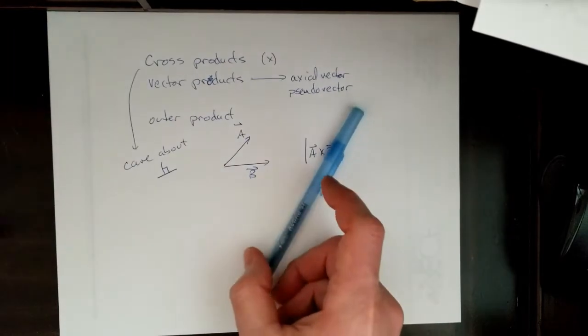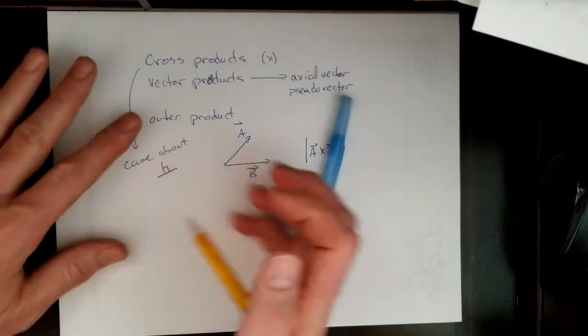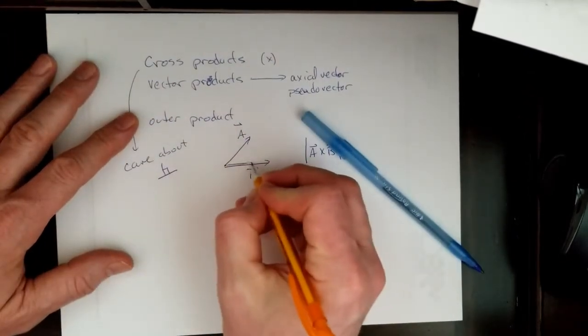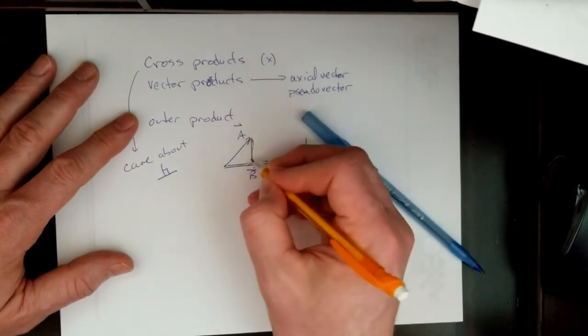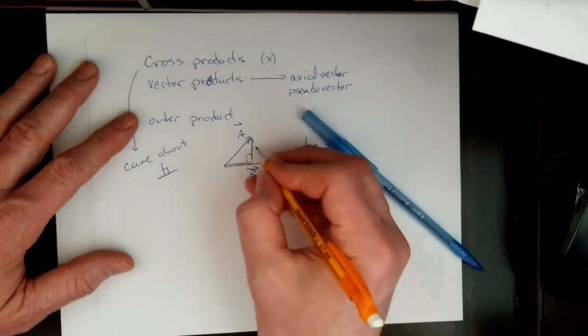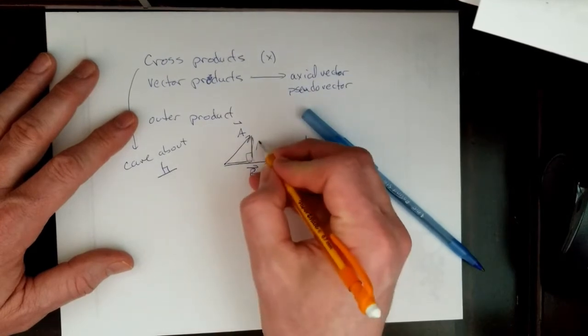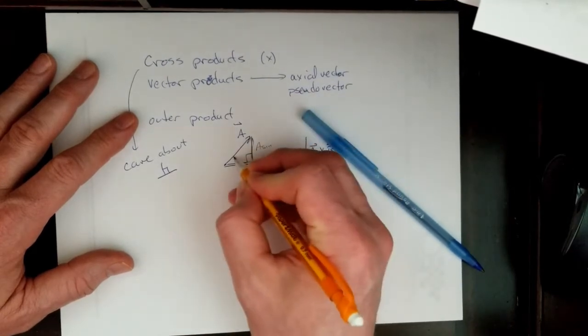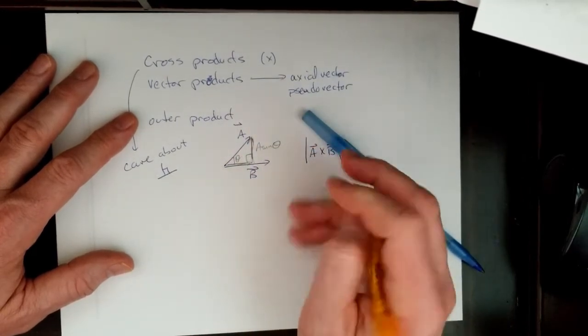So I would break A up into its components. I have a certain amount going to the right and a certain amount going up. This part that is perpendicular to it is A times the sine of theta, if that angle there is theta, A sine theta.